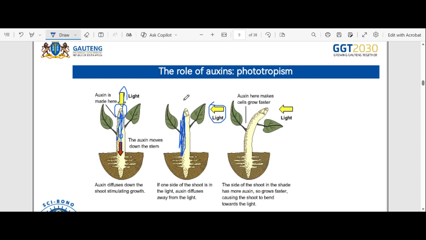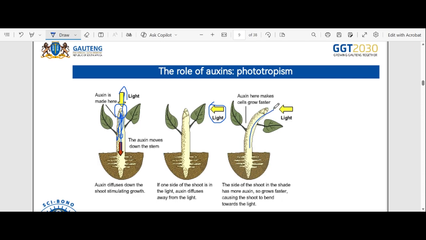And remember, what's the function of the auxins? The function of the auxins is to cause the stem to grow, to elongate. So it means that the darker side will grow more than the lighter side, or the left-hand side will grow more than the right-hand side. And when the left-hand side grows more than the right-hand side, what will happen? It will cause this plant to bend towards the light.